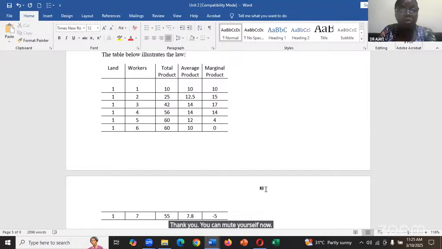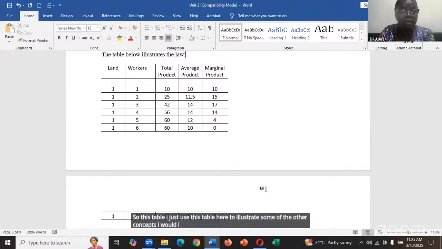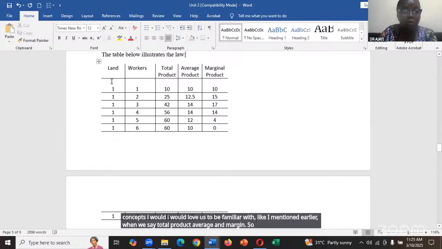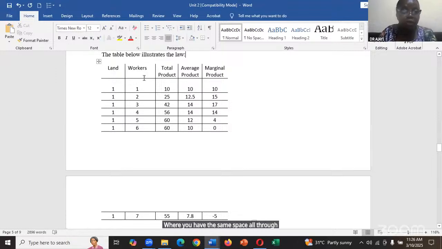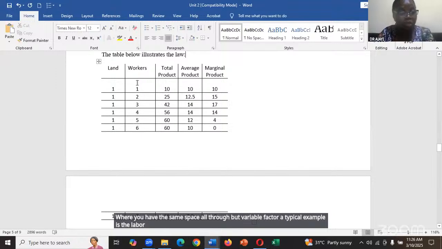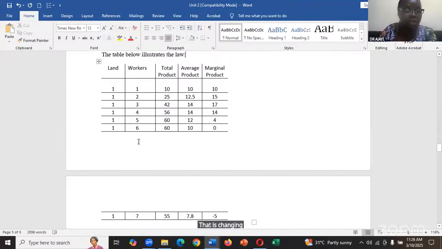So I just use this table here to illustrate some of the other concepts I would love us to be familiar with, like I mentioned earlier, when we say total product, average, and marginal. A typical example of a fixed factor is the land, where you have the same space all through. But a variable factor, a typical example is the labor, or otherwise referred to as workers, that is increasing by 1 in this table.